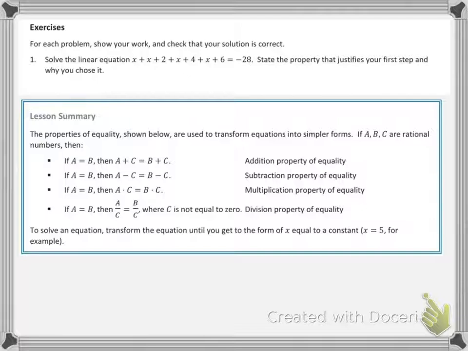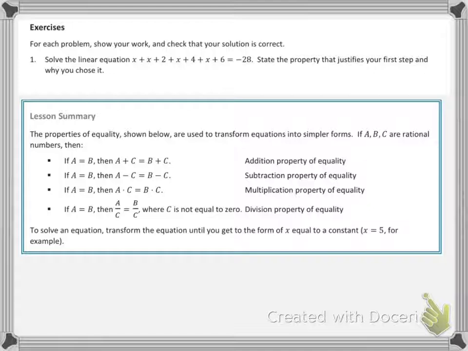These are the properties that we're going to be talking about, on top of some basic things like commutative property, distributive property, combining like terms. But then when we go about solving the equation, solving for x, we're going to be using these properties.